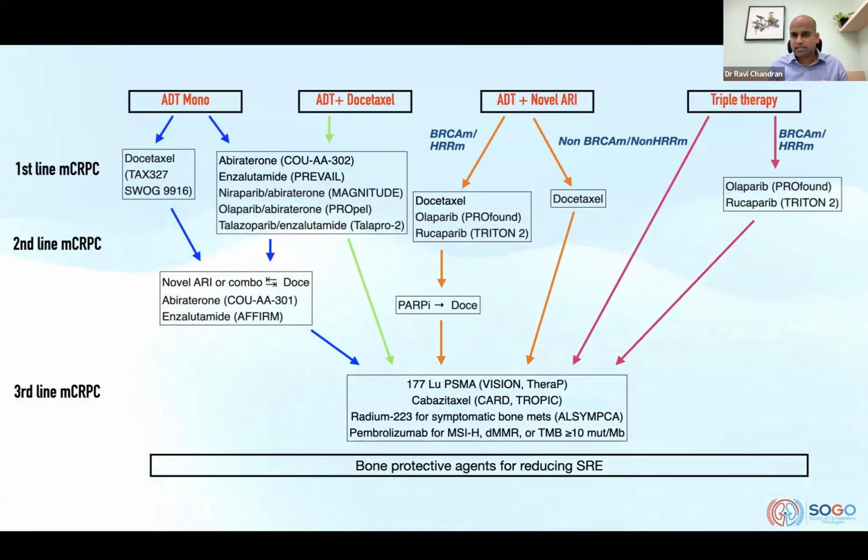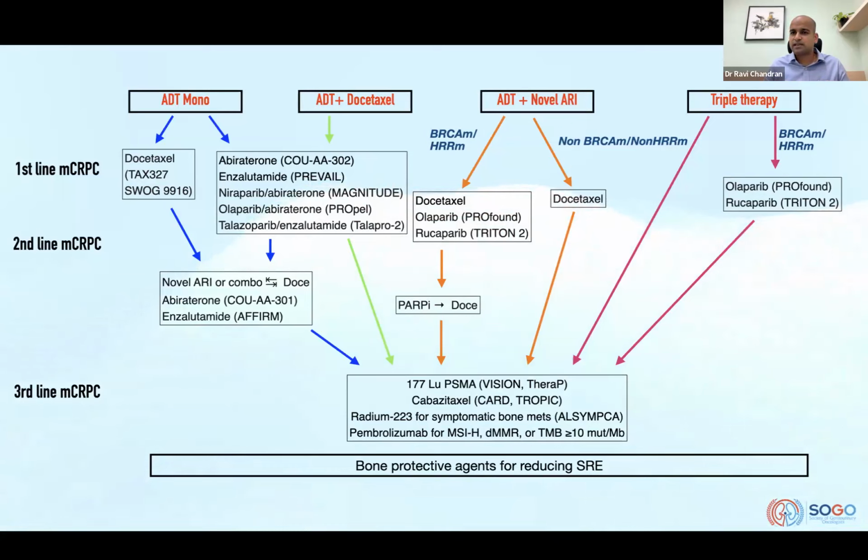If there are no mutations, then docetaxel is an option. If they have a BRCA mutation or HRR mutation, along with docetaxel, even olaparib and rucaparib are options. Even they are category 1 recommendations in the first line setting. And if they progress while on olaparib or rucaparib, anytime you can then switch to docetaxel.